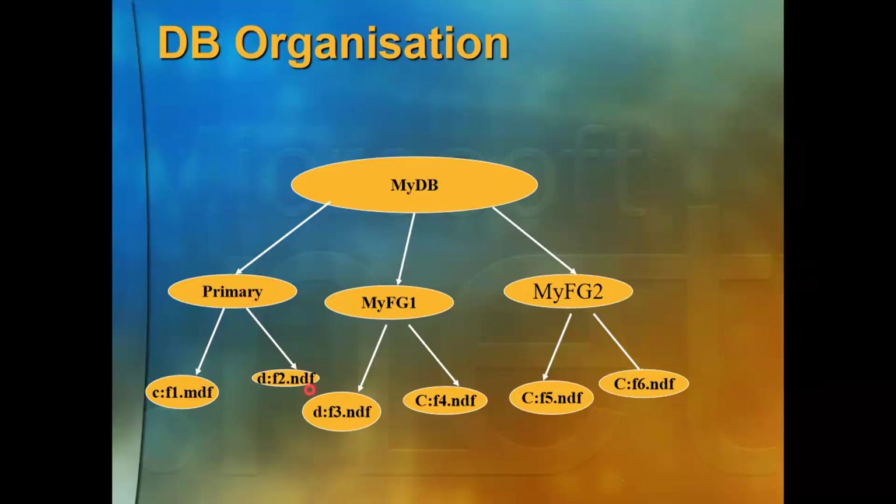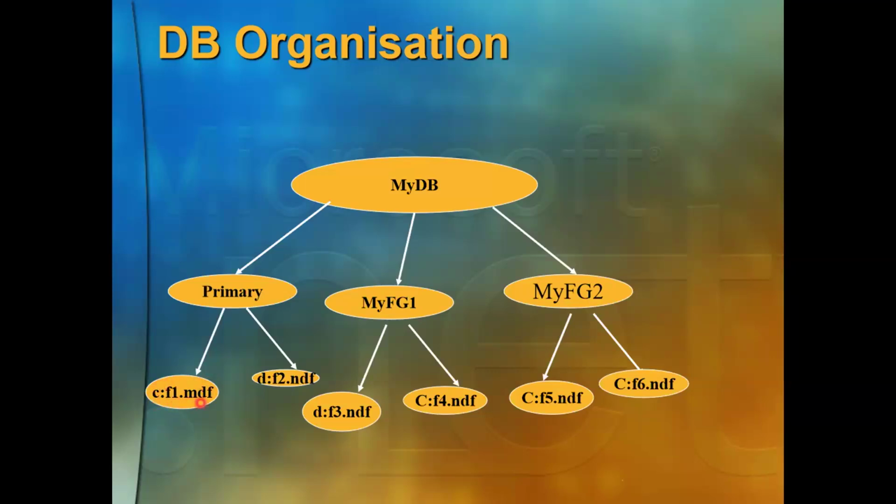These files are called data files. The first data file that gets created, which is again default, you don't have to do anything. When you create a database, the first data file that gets created is called the primary file. If you see in this diagram, f1.mdf is the primary file.